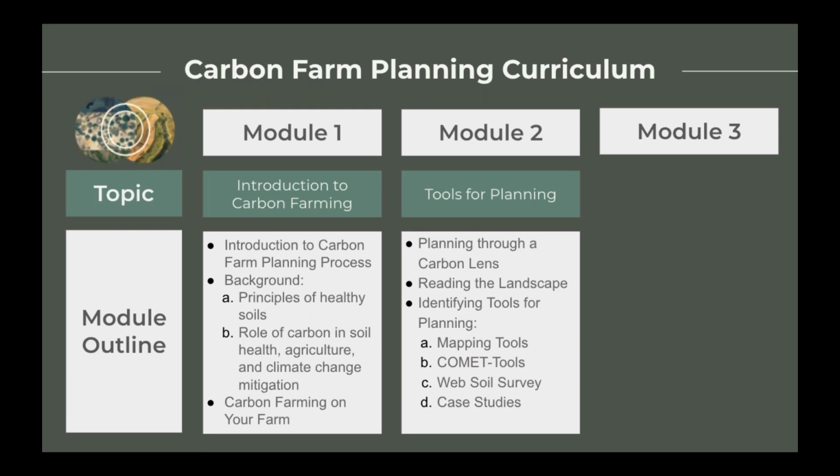Module 2 also provides an in-depth explanation and tutorial on how to use the COMET tools to estimate carbon sequestration and greenhouse gas reductions associated with the different conservation scenarios. In this module, we go into more depth and a more complicated COMET project than what I've presented already in the Cropland and the Ag demonstration today.